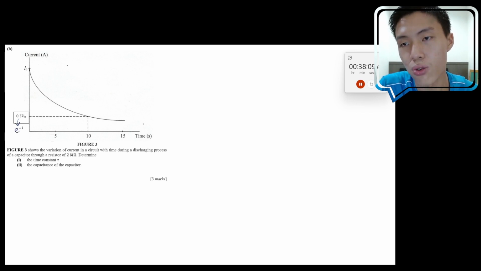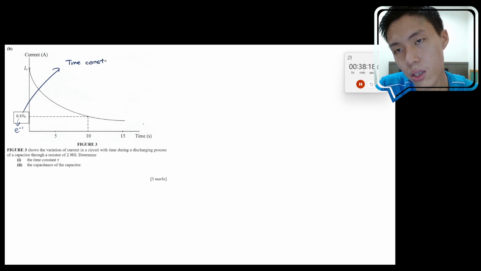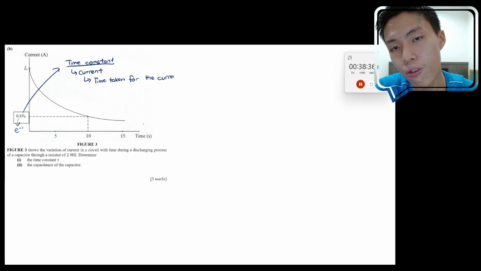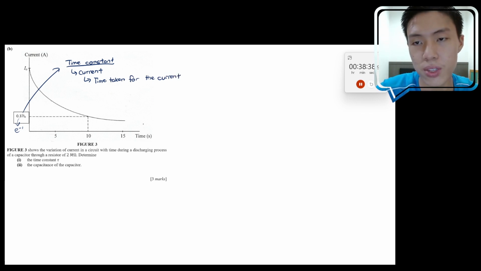Okay, so I believe if you can do a bit of recall, the definition for time constant, if you are focusing on current, then it's the time taken for the current. Current, both for charging and discharging, will decrease with time.